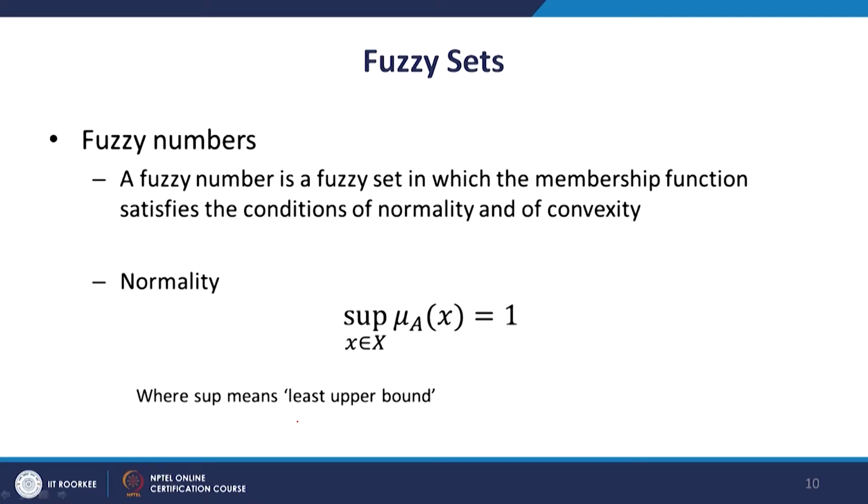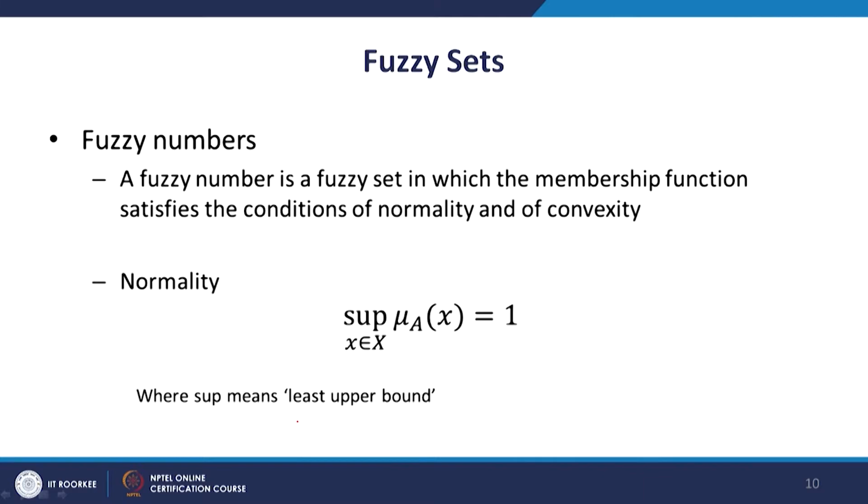By sup we actually mean the least upper bound. What it essentially means is that there should be at least one element, let us say x dash, in the set where the membership value comes out to be 1. This is what we are referring to as the least upper bound.